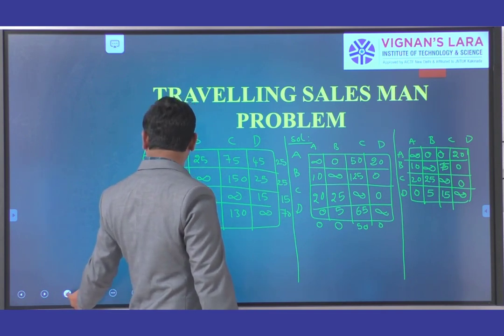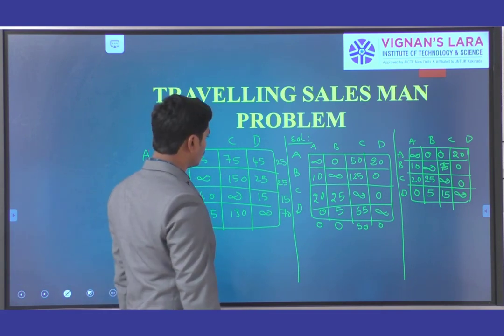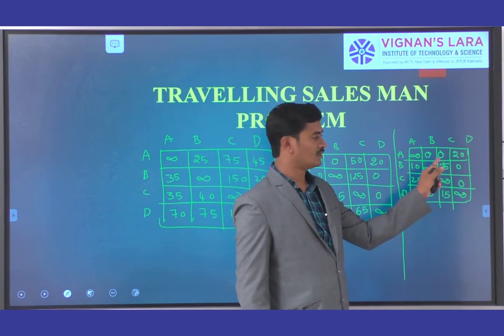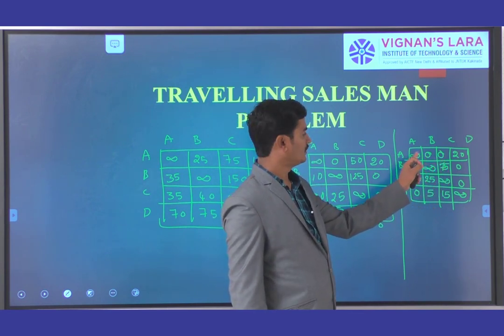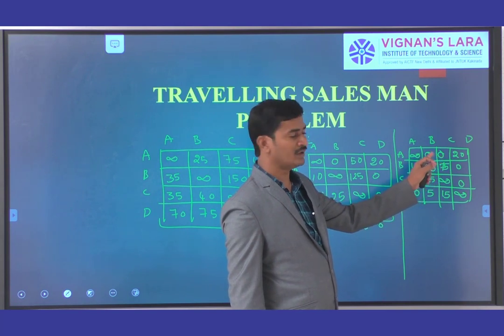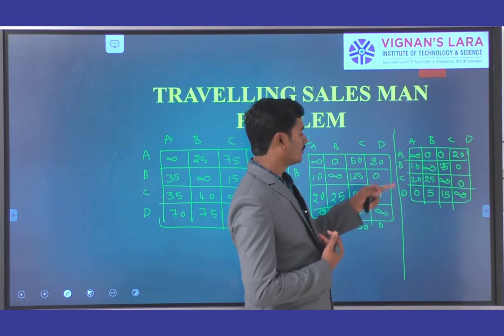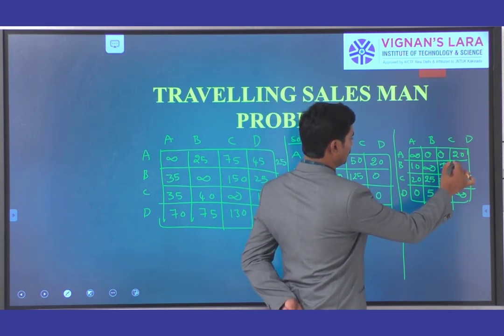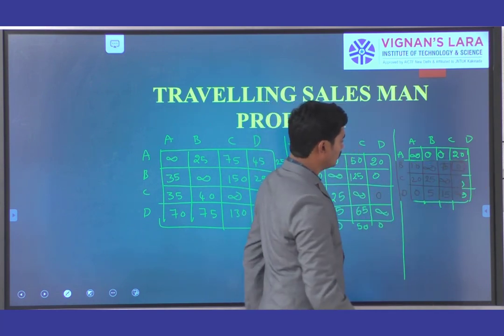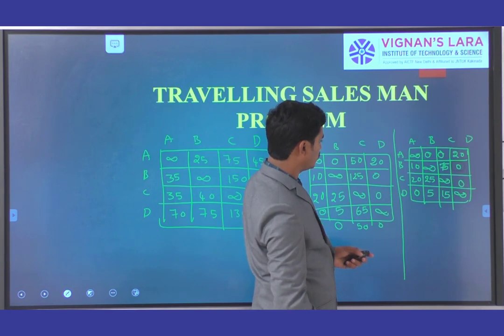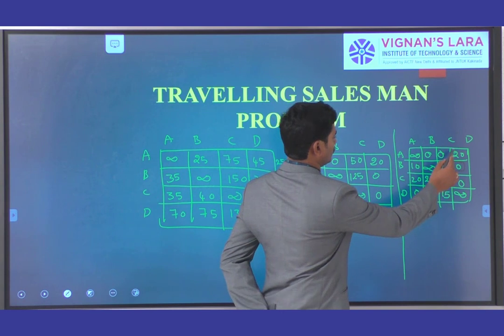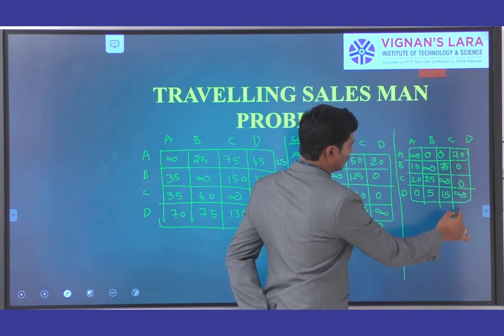First, the row scanning. In this row scanning, first we have 2 zeros. We scan the zeros. Here we have 2 zeros, so we simply neglect that row. Next, coming to the second one, here we have a single zero, so we simply assign that 0 and draw the line here.